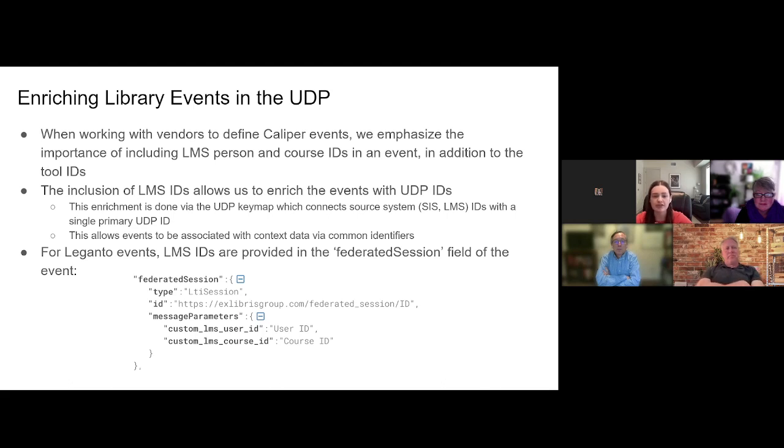The enrichment process allows events to be associated with context data via common UDP identifiers. Because of this process, when we work to Caliperize events, we often emphasize the importance of including LMS person and course identifiers in the event so that we can use those for enrichment. So for Leganto events, for example, LMS IDs are provided in the federate session field of the event.